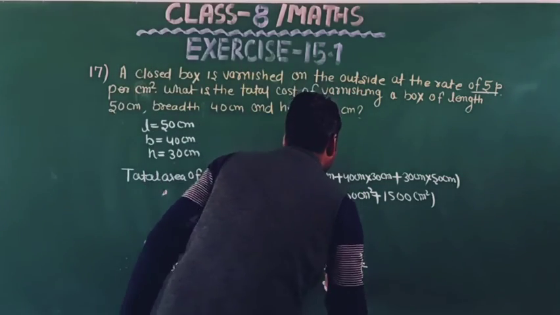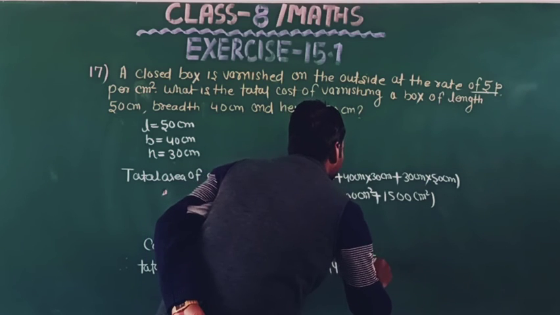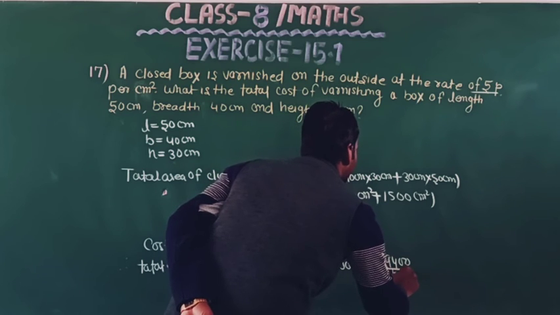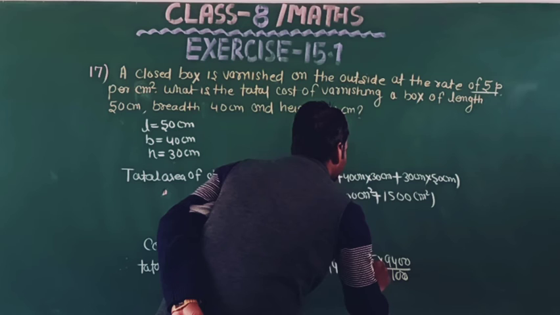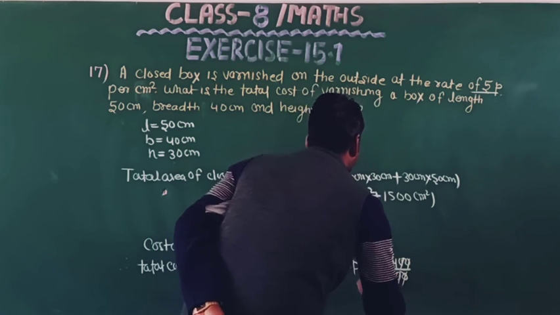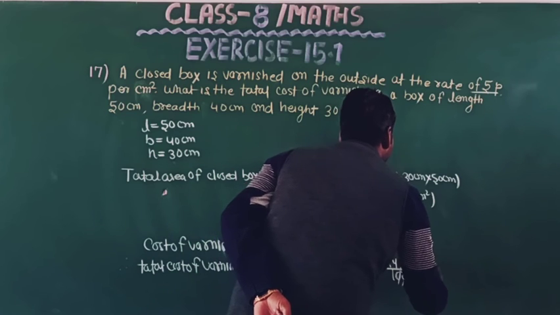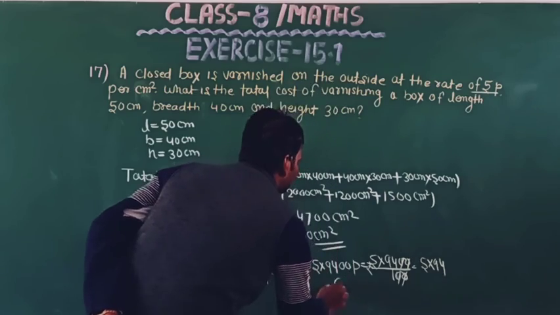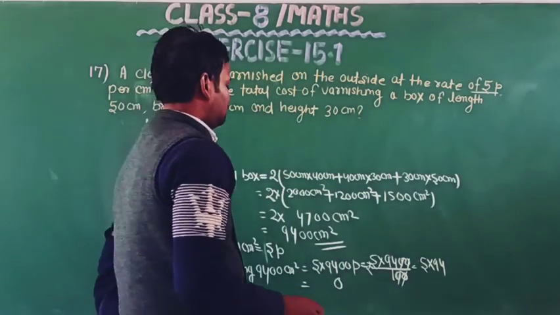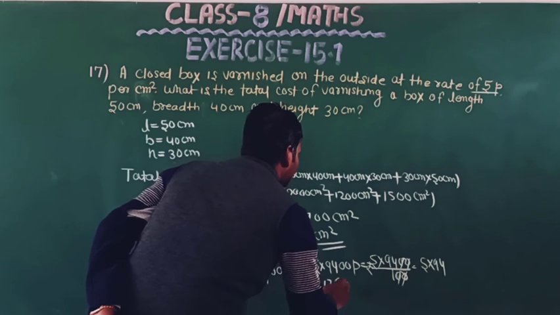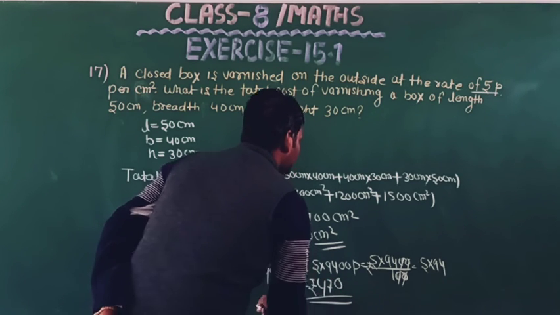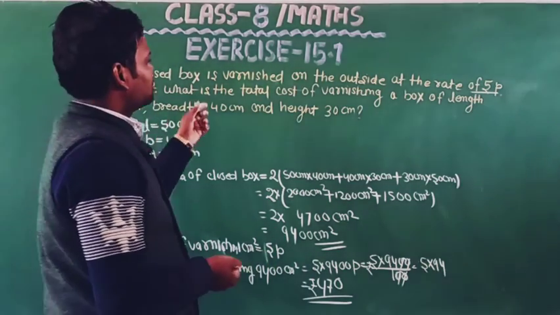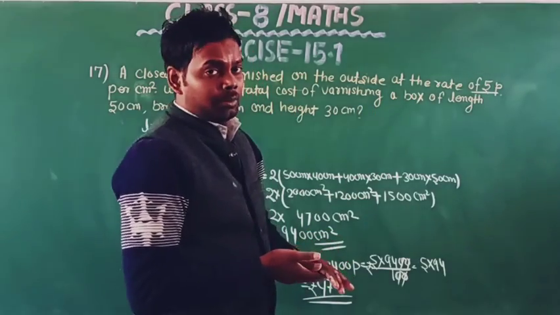So we need to divide by 100. So this is 5 into 9400 divided by 100 rupees. Okay, we can cancel the zeros, and 5 into 94 is 470 rupees. So this is the total cost of varnishing a closed box from the outside at the rate of 5 paisa per cm².